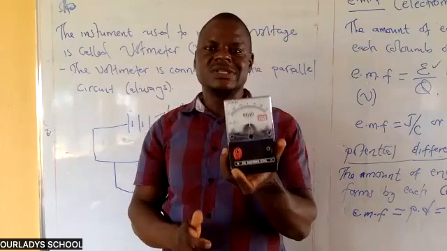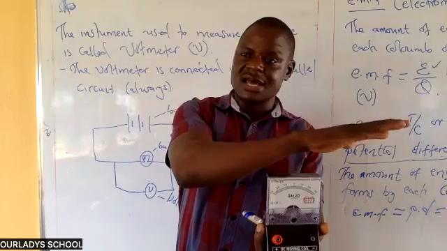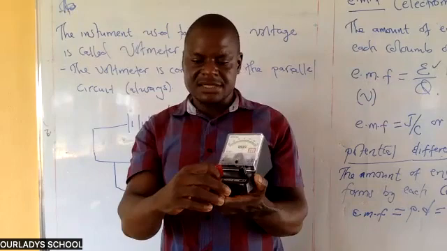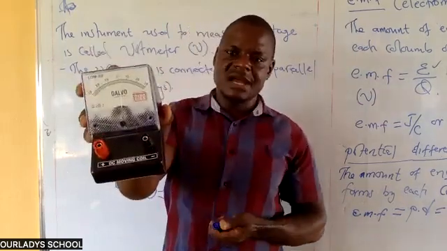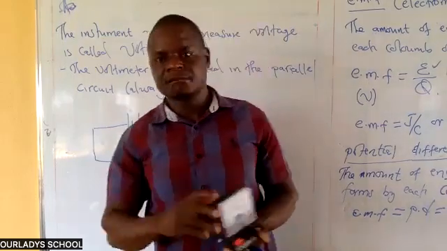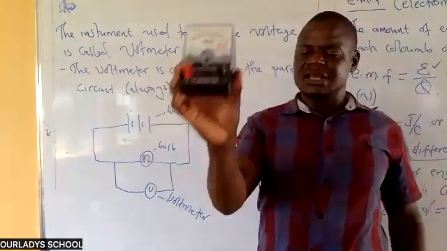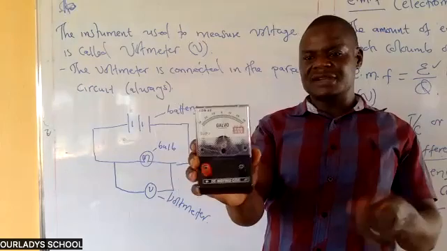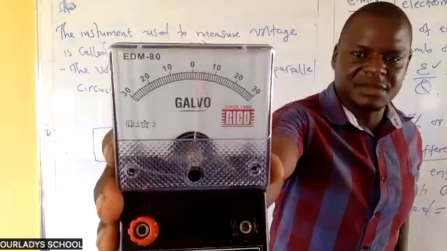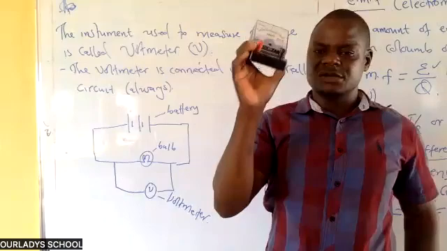But here we use DC because if it's going in this direction, it has to be that direction. So even the ammeters that we use in the labs must be indicated as DC. So the voltmeter looks exactly like this. The only difference is that here we have a V. This one's supposed to have a G for galvanometer.